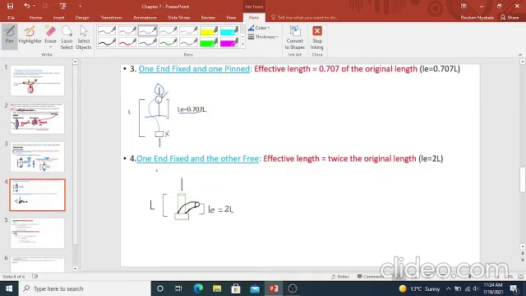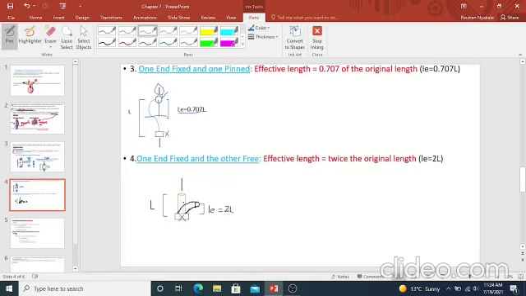Then let's look at one end fixed and the other end free. Effective length equals twice the original length. You can tell that if the force is applied on the beam where one end is fixed and the other is free, they are saying it is twice the length.